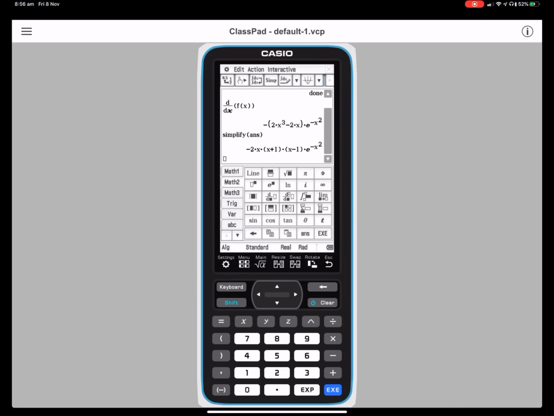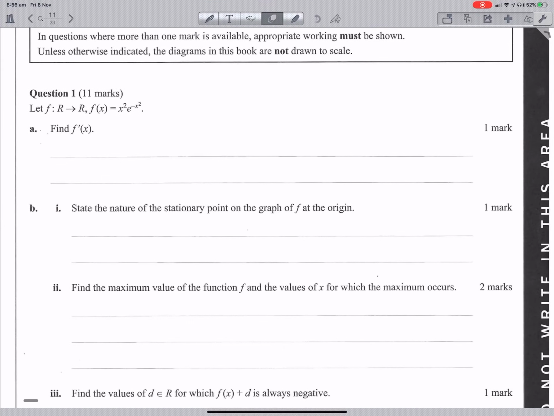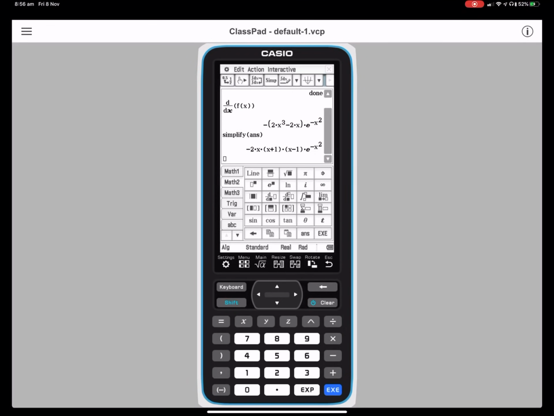Simplify. Negative 2x, x squared minus, oh, I forgot the x. X squared minus 1, that was the difference of two squares, e to the negative x squared.